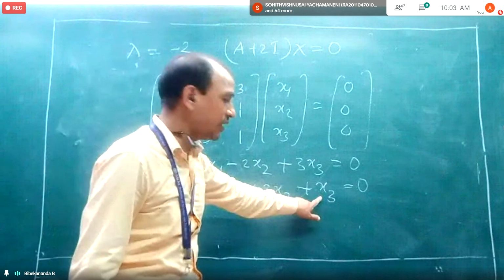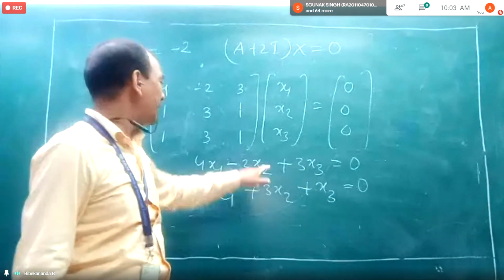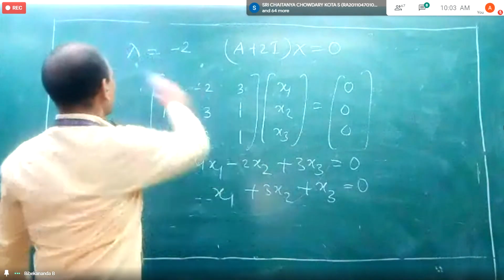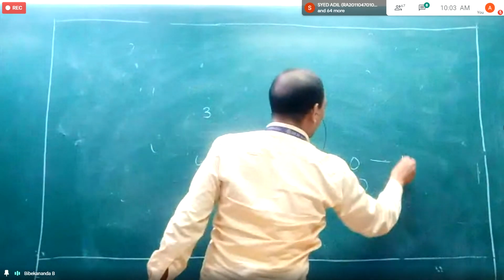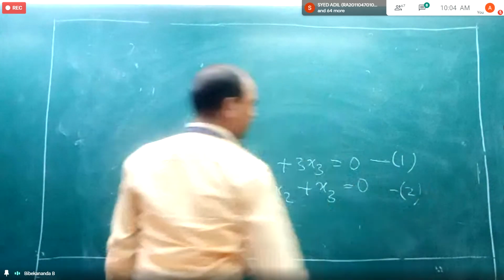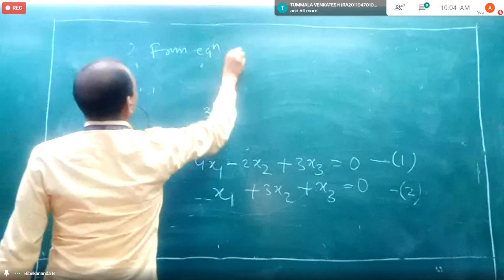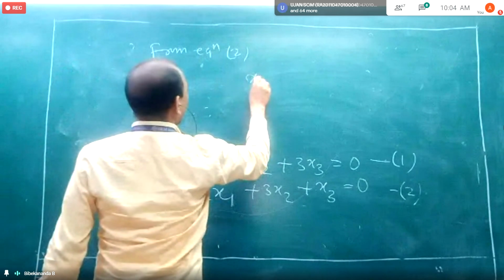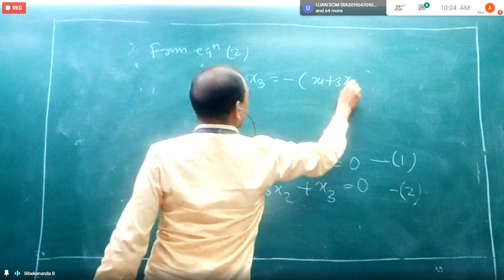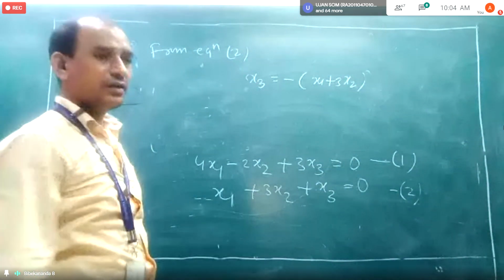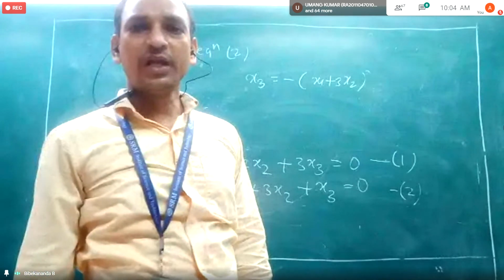From one equation, you express one term in terms of the other two and replace it in the first one. If this is equation 1 and this is equation 2, from equation 2 we have x3 equal to minus x1 plus 3x2.